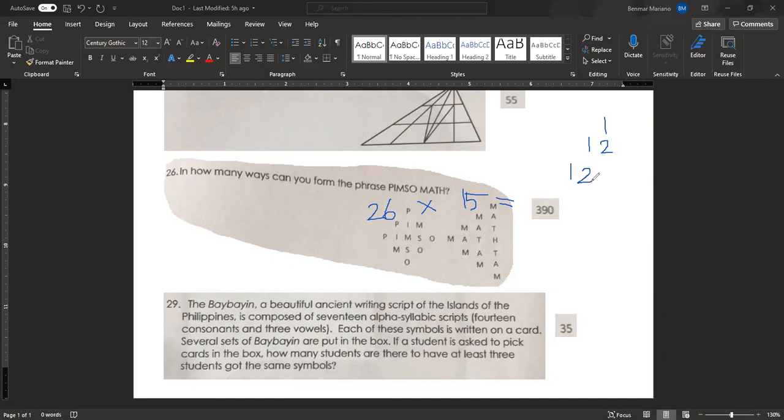Yun nga lang, I don't know what happened here on why I am getting the wrong number. Pero I'm doing it correctly. This would be 4. This would be 6. This would be 6. And then definitely this would be 12. For this one, I don't know if this is 6 or 7, but it's impossible to get 7 here.